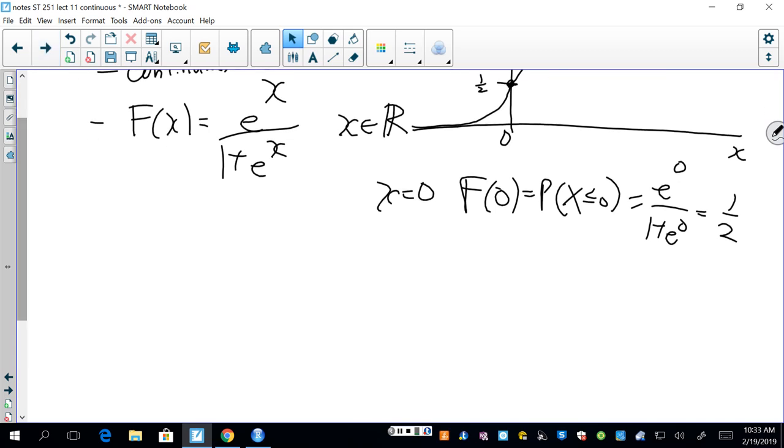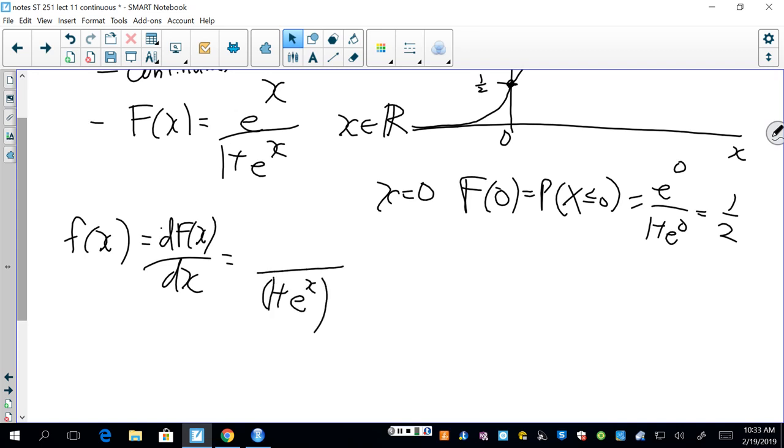What's the density function? We want to find that. We have to take the derivative. For this derivative, it's a ratio, so we have to use the quotient rule. There's 1 plus e to the x in the denominator, and we square that. We take the first thing, 1 plus e to the x, times the derivative of the numerator, that's e to the x.